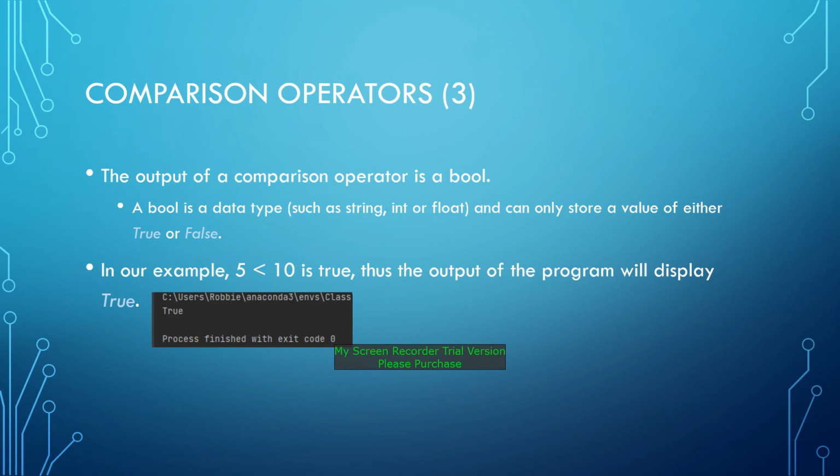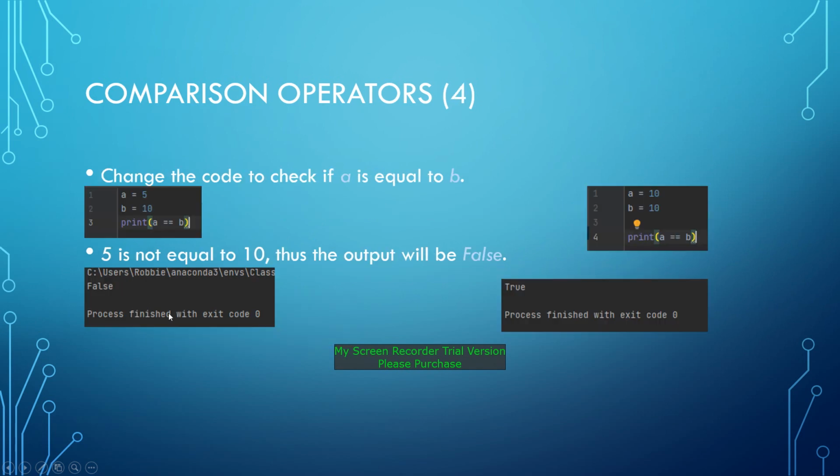A string is text, an int is an integer, a whole number that does not have a decimal, and a float is a number with a decimal. A bool can store a value of either true or false, only one of those two. So in our example, 5 being less than 10 is true, so the output of our program will be true.